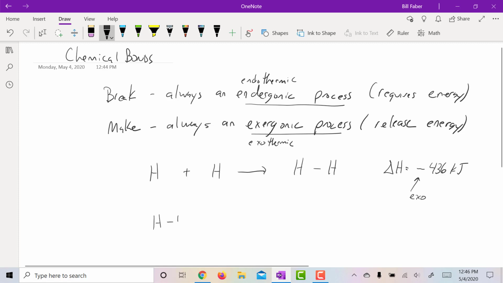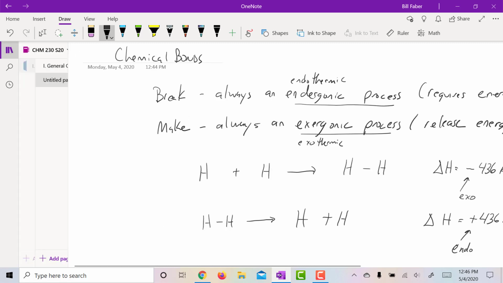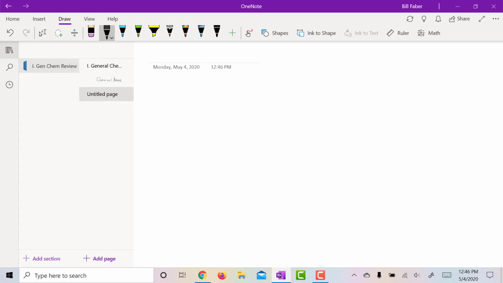And then if you were to do the opposite, if you took these two atoms and separated them, breaking this bond, that would take energy, and it would be a positive 436 kilojoules. And so that's an endothermic process, because energy is always required to break bonds. So really, one of the best ways to remember this is to think of a diagram of how this takes place.